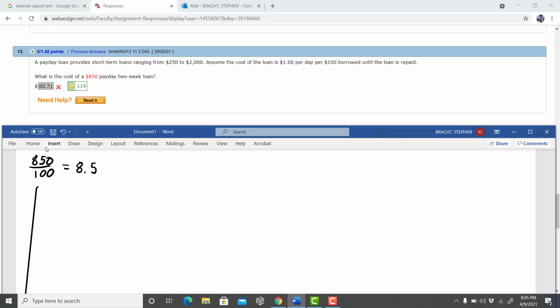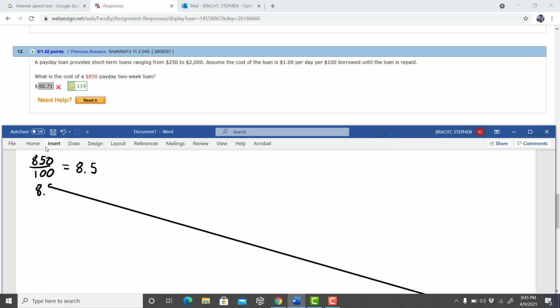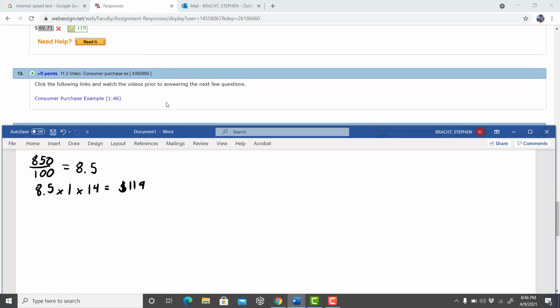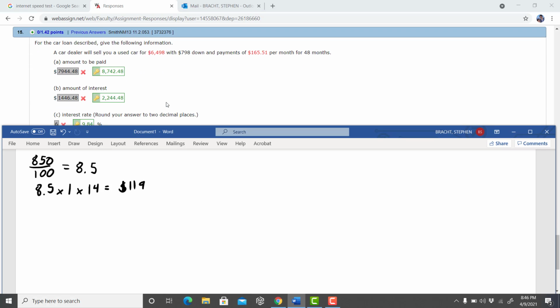So I take the 8.5 and multiply that by 1, and multiply that by the total number of days, which is 14 because it's 2 weeks. And that works out to be $119. So that's the total cost of that loan, and that's how you would go about that one.